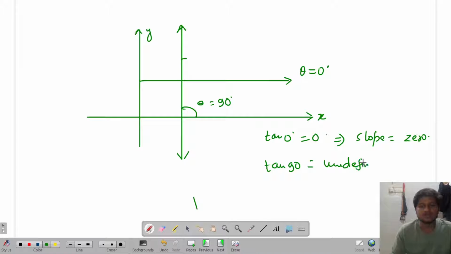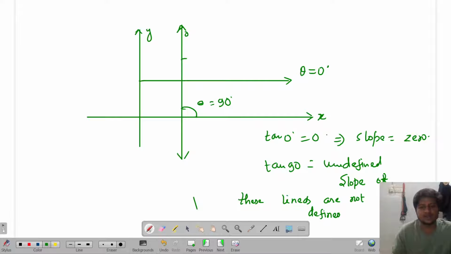And of course, here the base is not there. If base is not there and you put a particle, it is always going to fall vertically. That means the slope of these lines is not defined.